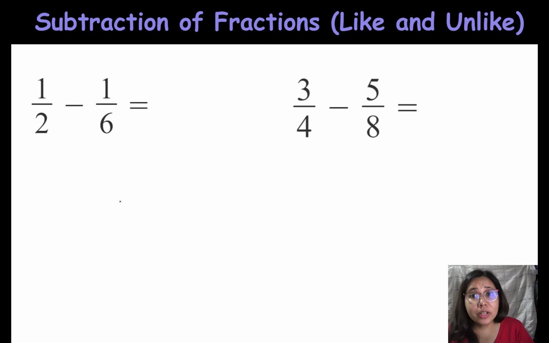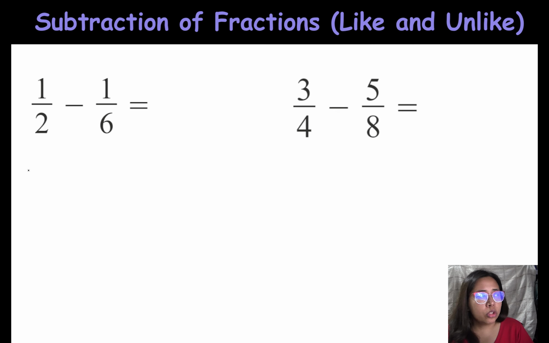So paano naman mag-subtract ng unlike fractions? Okay, so katulad din ng sa addition of unlike fractions, kukunin muna natin yung LCD to make these fractions like fractions. Okay, so kunin natin yung multiples ng ating denominators. So in this case, we have 1/2 minus 1/6.